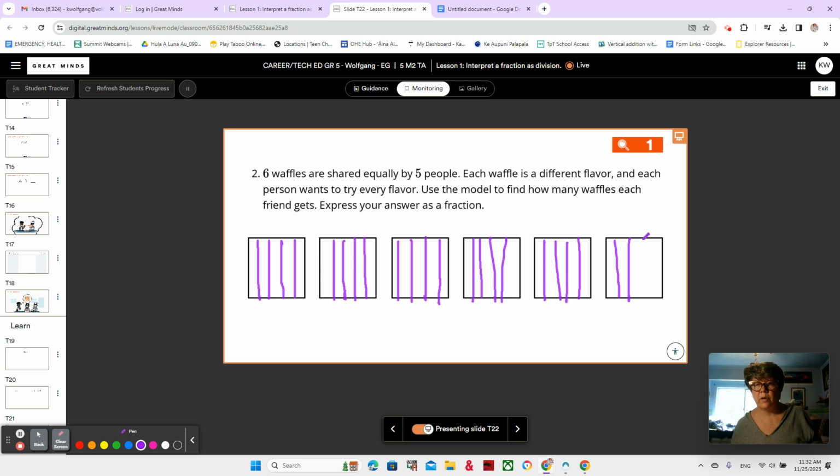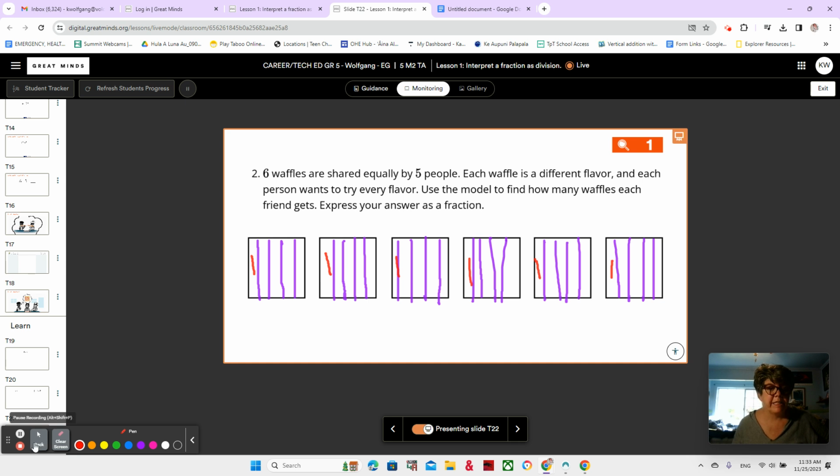Now they're all broken into 5 parts, and you can use your coloring to show each friend is going to get parts. So I'm going to say, here's friend 1, and here's friend 1, here's friend 1, here's friend 1, here's friend 1, because we have 5 friends.